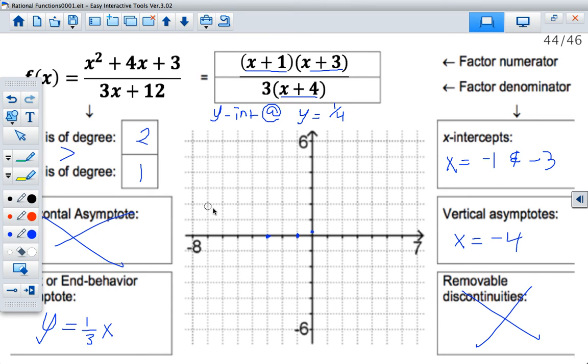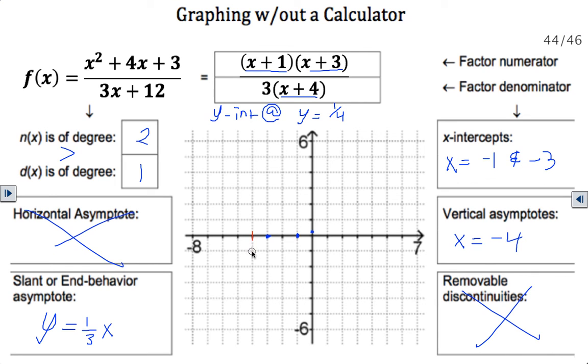Let me do that with a red line. Okay, now to graph your slant asymptote, when x is 0, your y is going to be 0, so you're going to start at the origin, and then hopefully most of you remember how to graph linear equations. It's just rise over run.